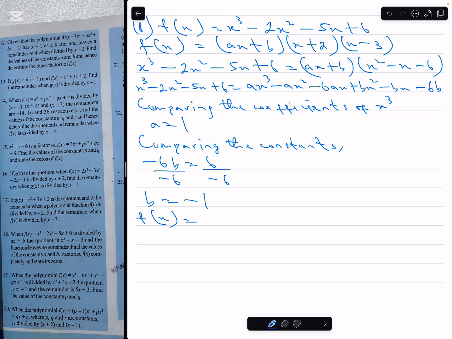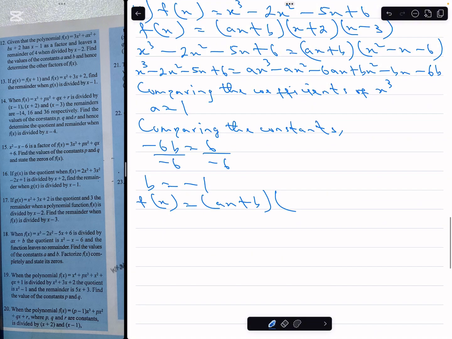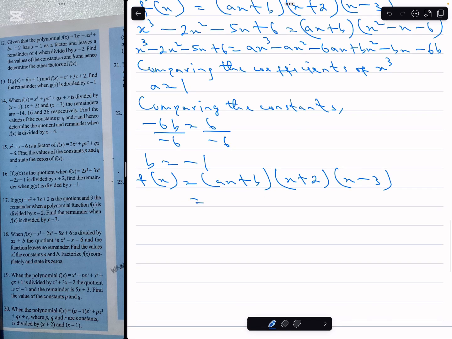Ax plus b will be 1x plus minus 1, which is minus 1. This is the complete factorization of f of x. What we only need to do is to substitute the values of a and b. That's 1x, which is x, plus b, which is minus 1, times x plus 2 times x minus 3.